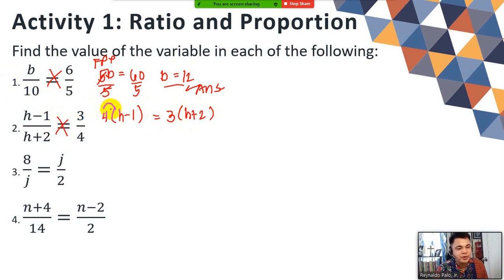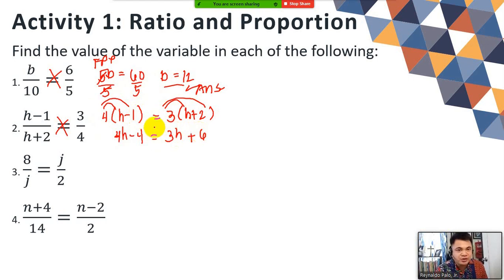Now, we're going to apply the distributive property of multiplication, wherein we distribute the monomial outside the parenthesis to the binomial, to the terms inside the parenthesis. So 4 times h is 4h. Then 4 times negative 1 is negative 4, equals 3 times h is 3h, and then 3 times 2 is 6.